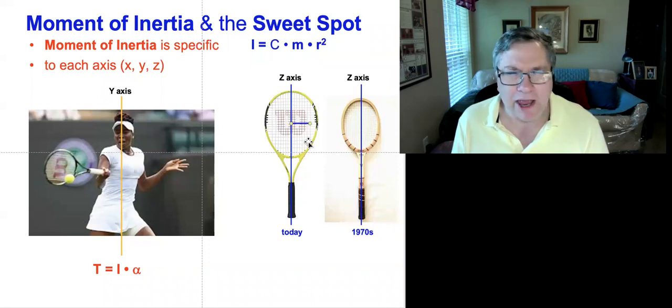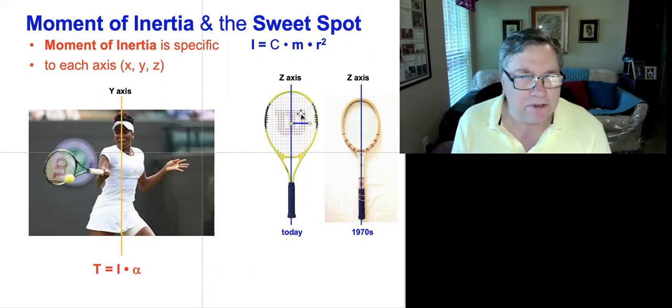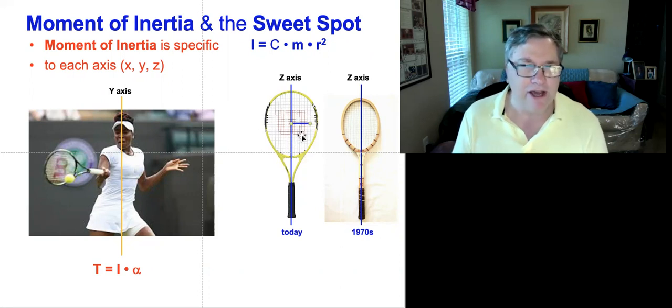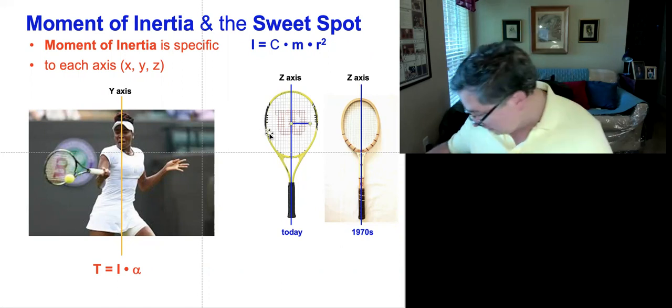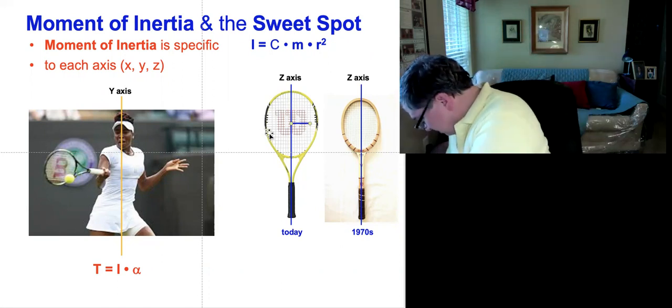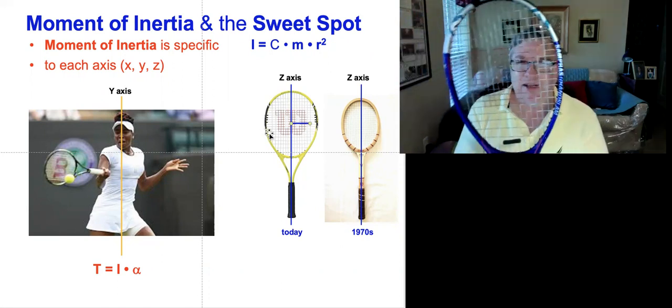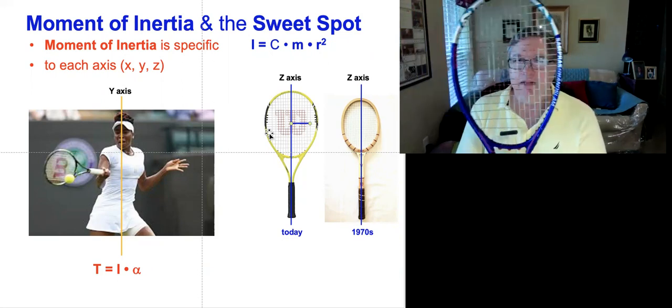As we're looking at it, technically, it's around the x-axis. So as we look at this particular plane, which is kind of like a sagittal plane, the sweet spot is actually about the size of the W for Wilson. So I have a Wilson racket too. So you see that right there.